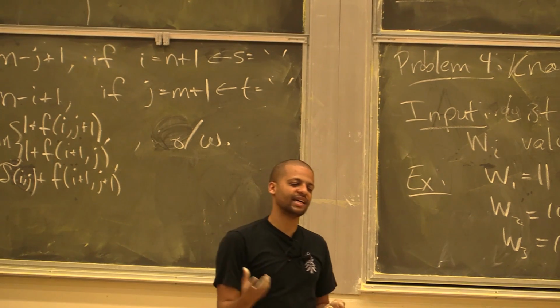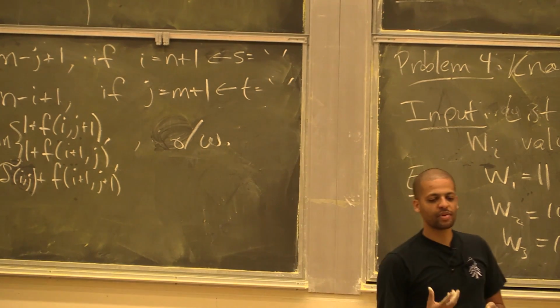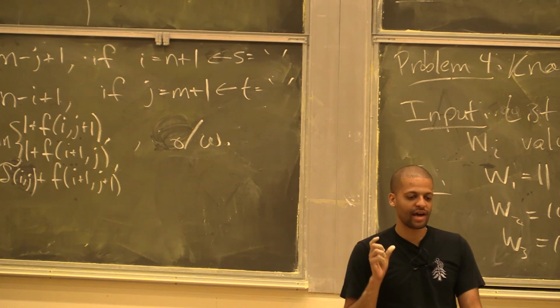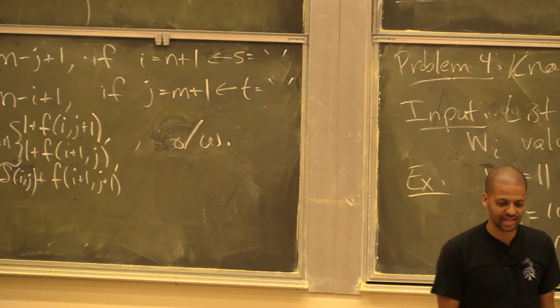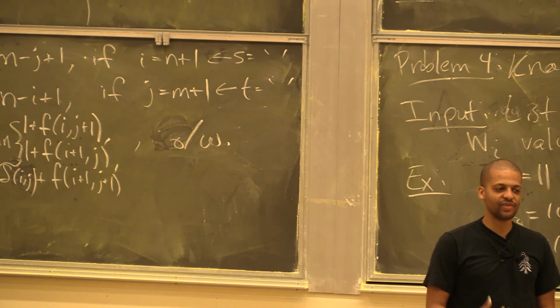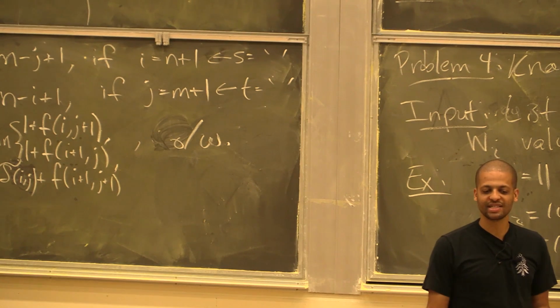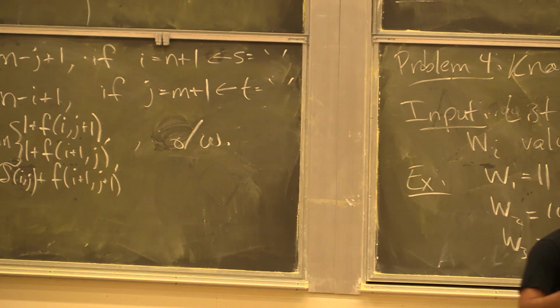But if I phrase the problem as give me the nth Fibonacci number, you really can't help it. n only takes log n bits to write down, and I want an algorithm that takes poly log n time. But the problem is that the nth Fibonacci number itself has about n digits. So there is no algorithm that takes poly log n time because even the answer takes n time to write down. So it's kind of a hopeless lost cause.